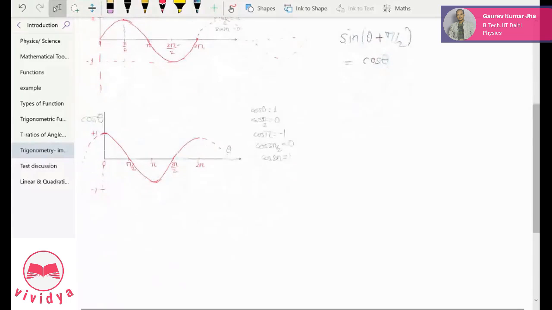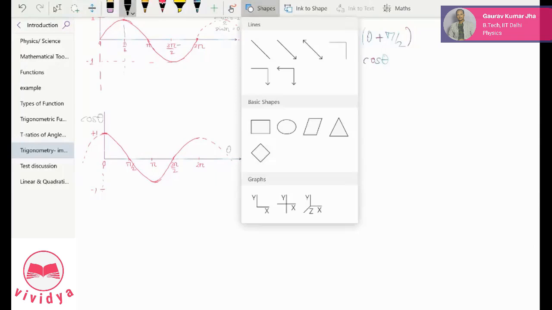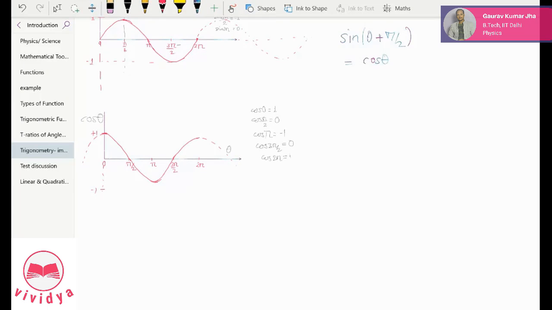All right. So next thing is tan. How tan theta looks like. Okay, some values we know.